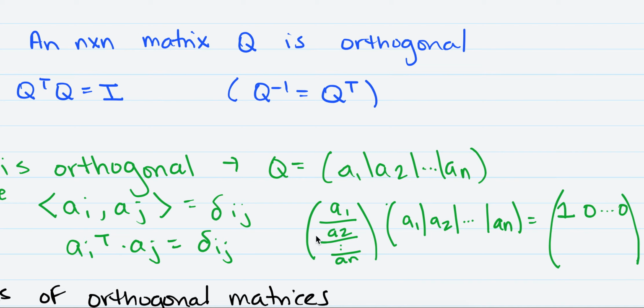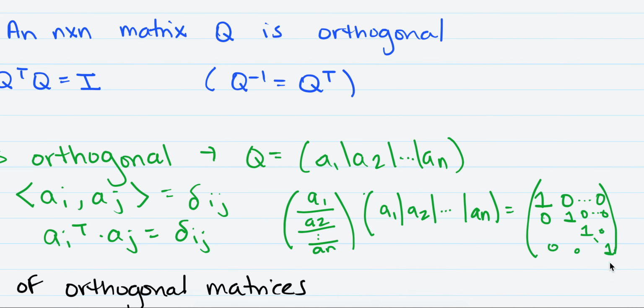If we take A2 and multiply it with A1, this is A2 transpose times A1, so we get 0. And then A2 with A2 would give us 1, just by using the definition of the inner product here, and 0 for the rest. And we actually get the n by n identity matrix.